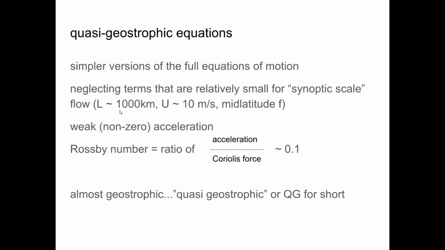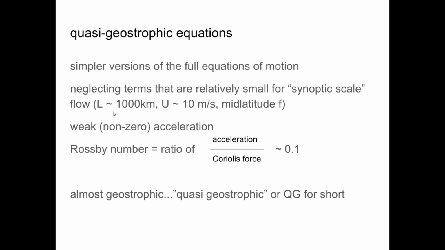Wavelengths that are thousands of kilometers, typical wind speeds on the order of 10 meters per second. Basically the ridges and troughs that we see in upper level maps, surface cyclones, anticyclones, the large-scale weather systems that we typically track when we do day-to-day weather forecasting.